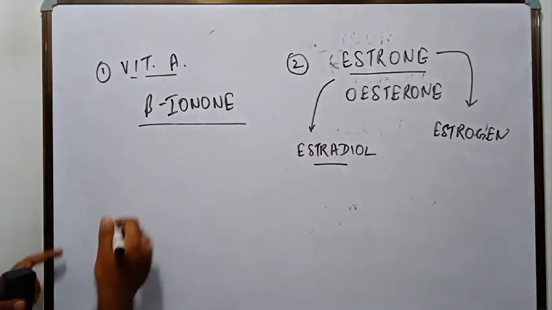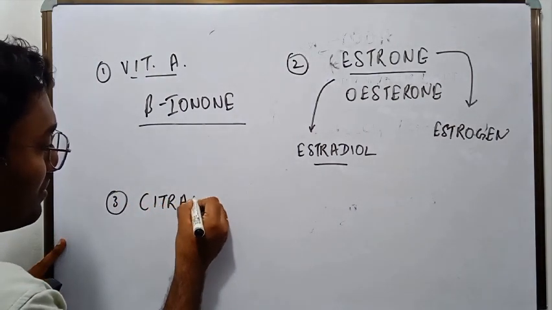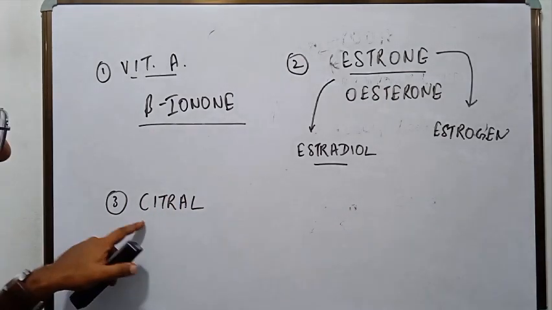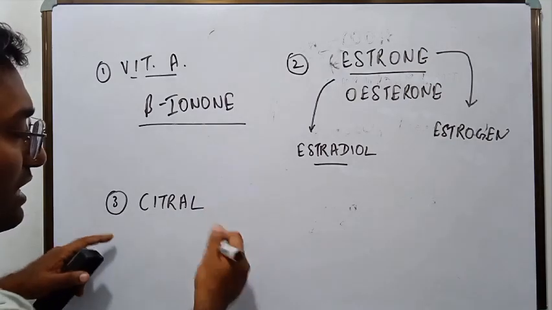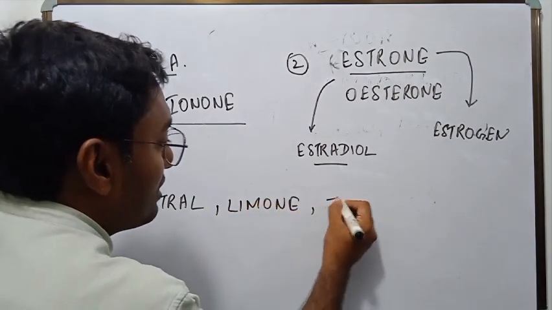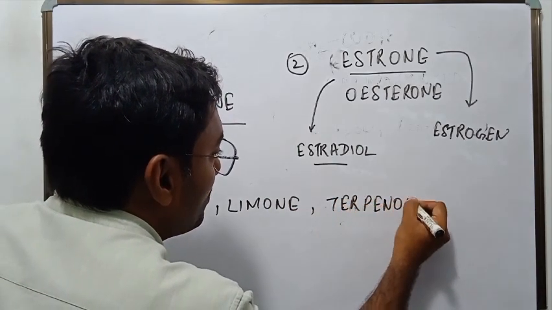Number 3 is you can prepare citral. Citral is a terpenoid, a terpene, and you can prepare citral, limonene and all other terpenoids using the Reformatsky reaction. Terpenoids are having ester groups.